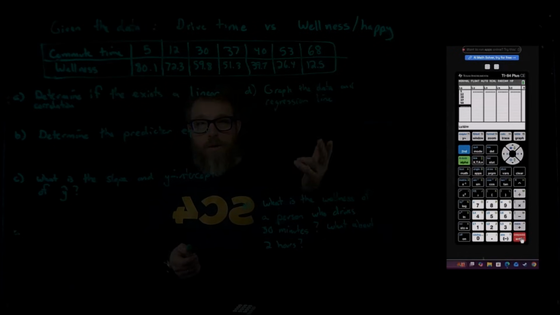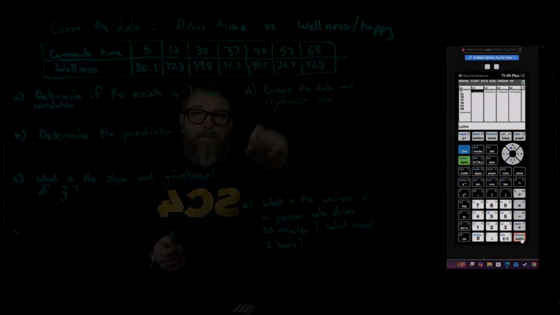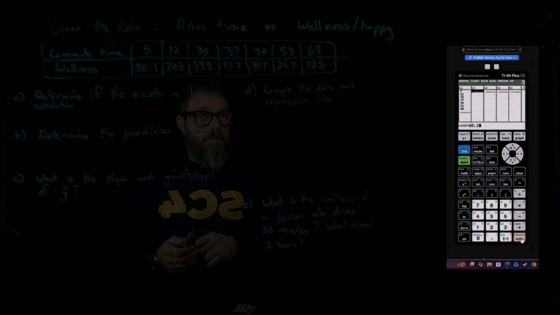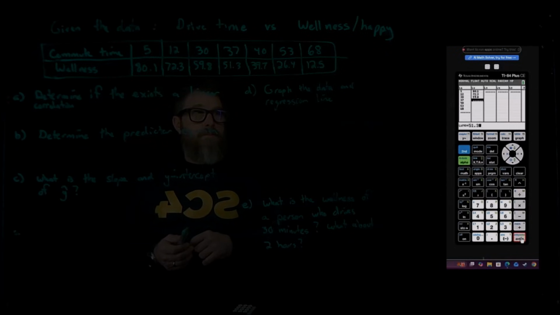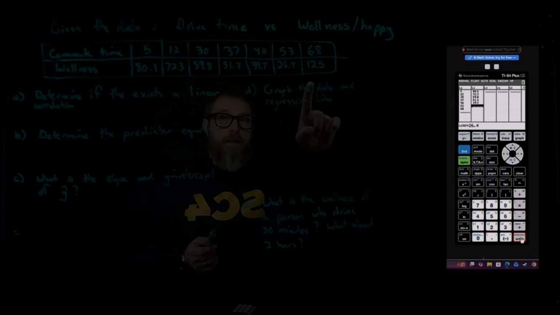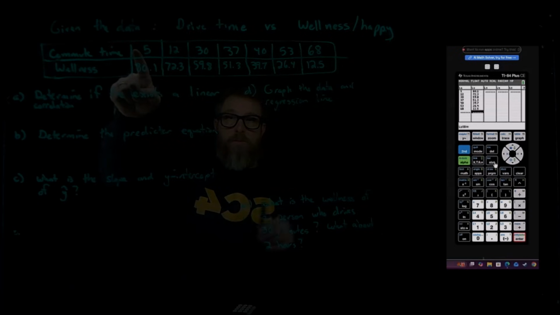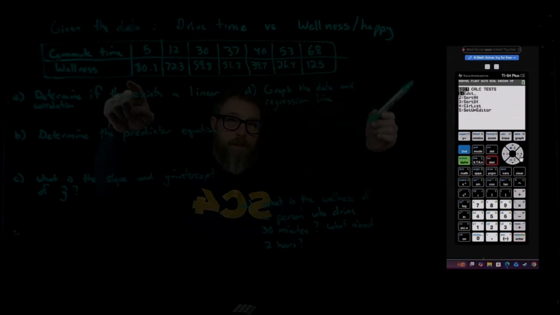Now you're going to see an L1 and L2. In L1, we're going to plug in this data, and then in L2, we're going to plug in this data. L1 will be the first column and L2 will be the second column.